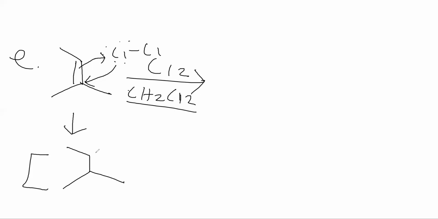So we form this intermediate with the ring with the chlorine. And then the other bond breaks and the other chlorine comes in, attacks that carbon from the back, breaks this bond.